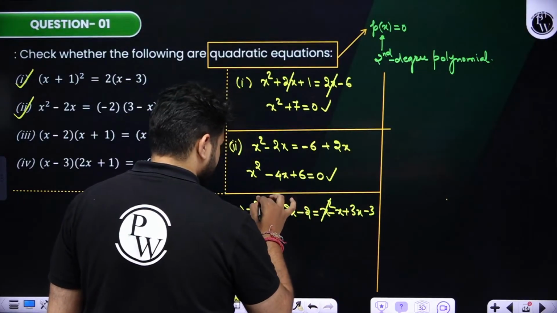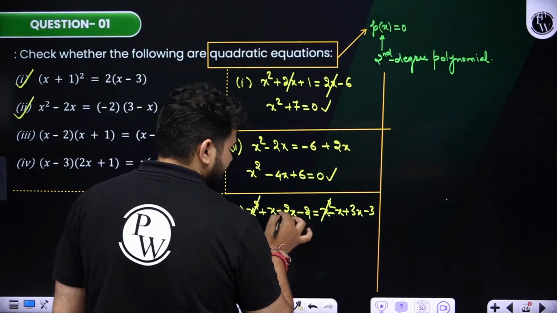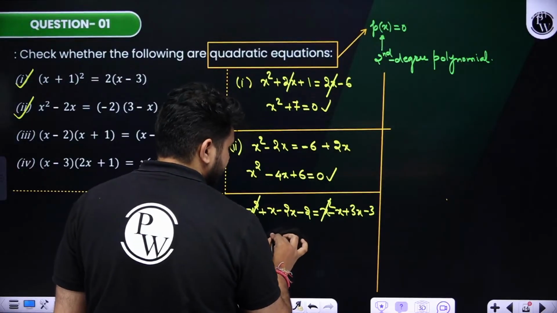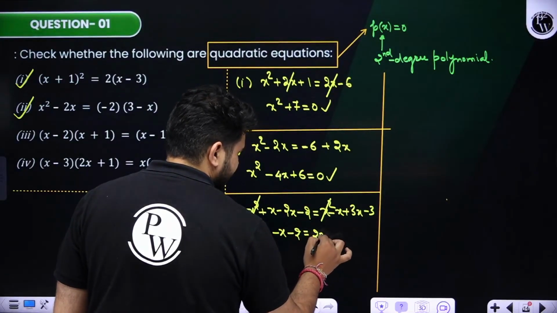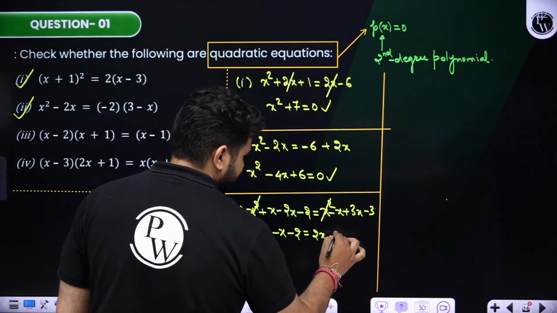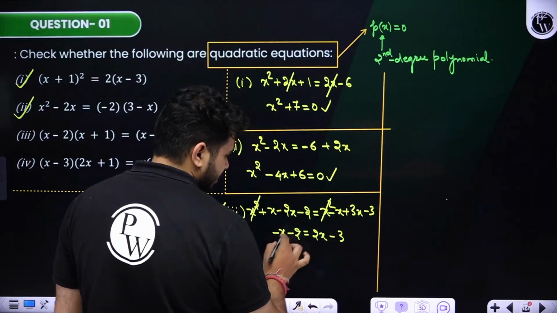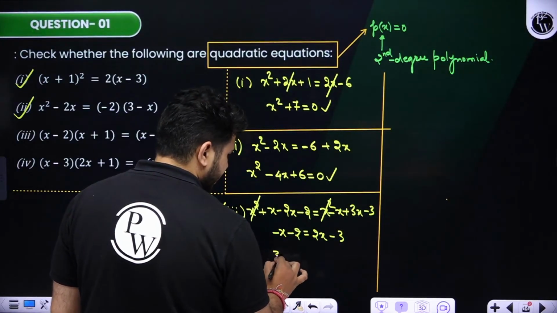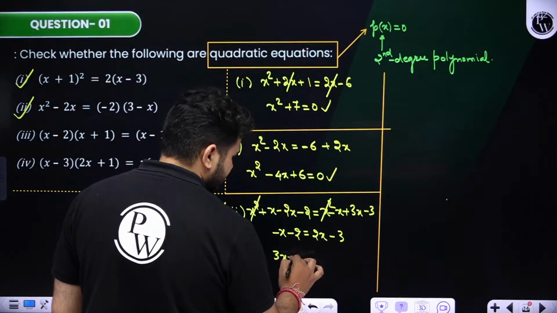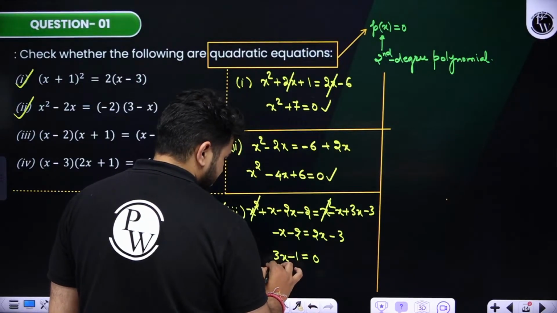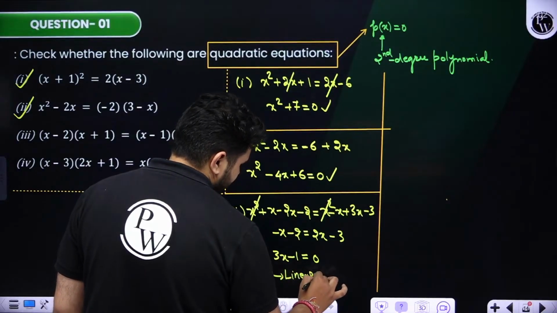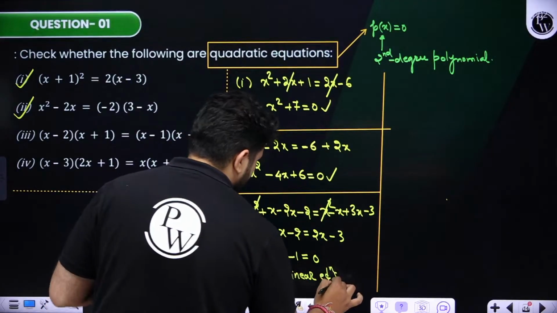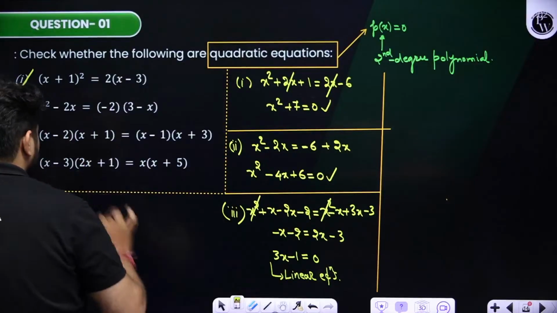The x square gets cancelled. On the left, x minus 2x is minus x, minus 2, and on the right we have 2x minus 3. Bringing this side, it will be 3x minus 1 equals 0. This is a linear equation, not a quadratic equation. So this is incorrect.